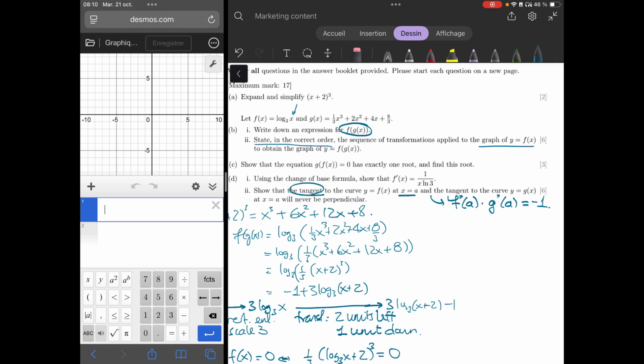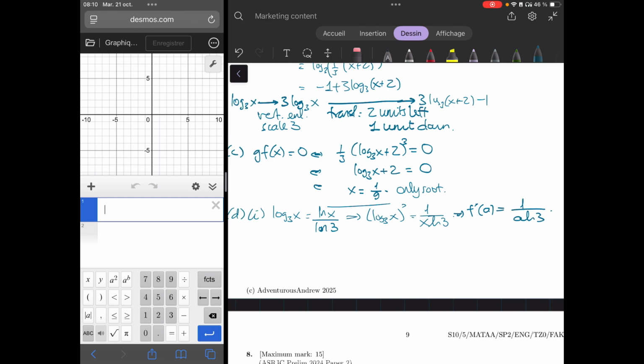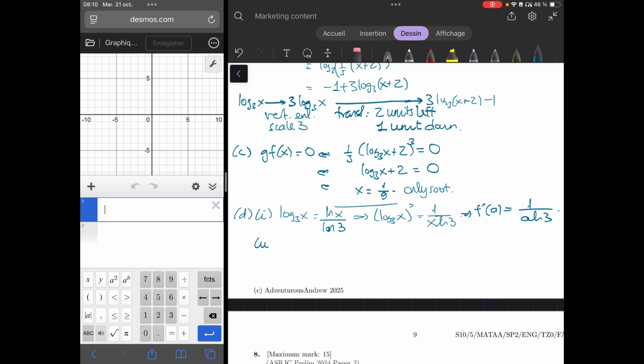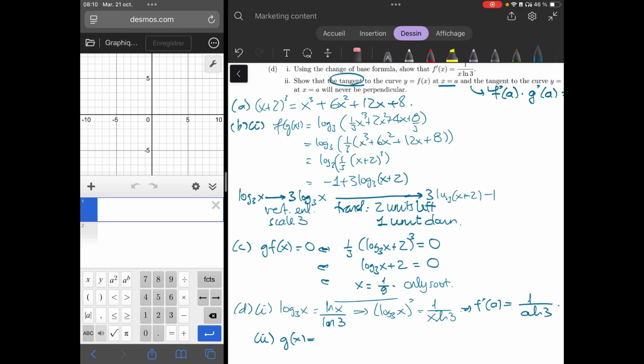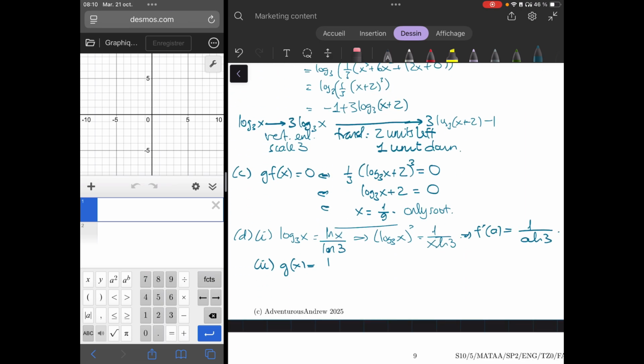We found f prime of x earlier, so f prime of a is simply going to be 1 divided by a ln 3. We also know that g of x is equal to a third of (x + 2) cubed.